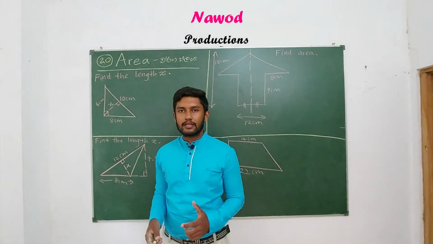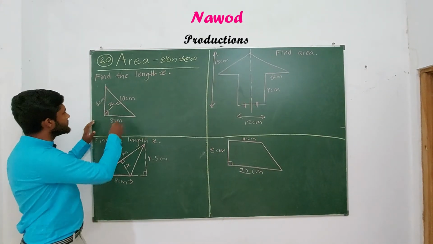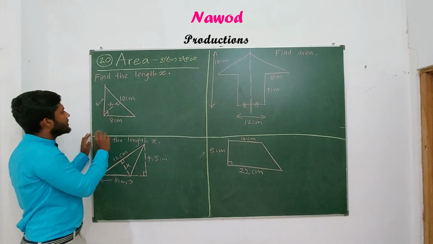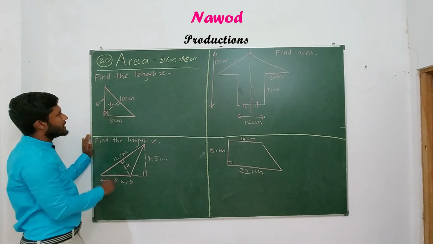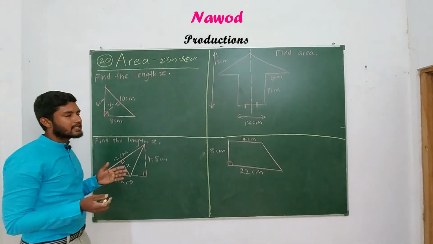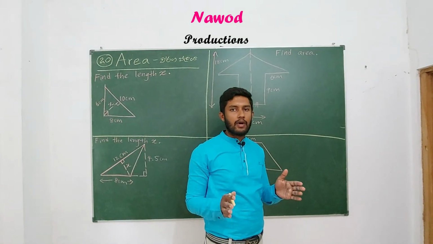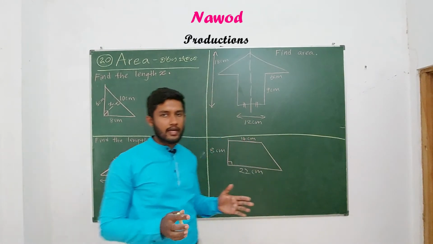Then dear students, when considering this question, we can specify the base here and the perpendicular height here. And of course there is another base and another perpendicular height here. We can equate the two by getting two equations for the area of the triangle.